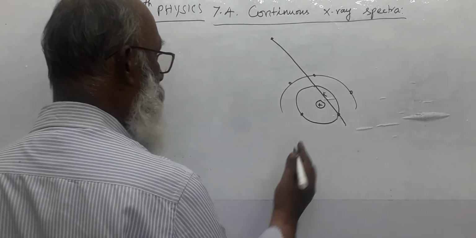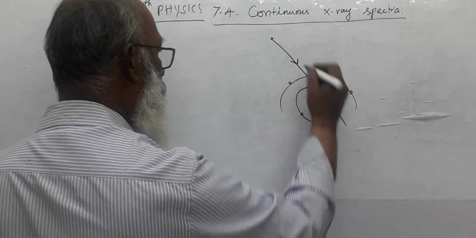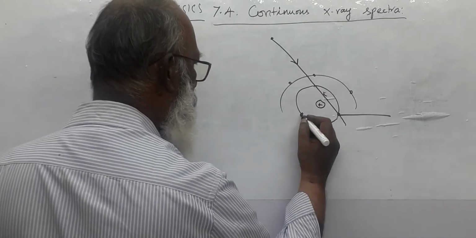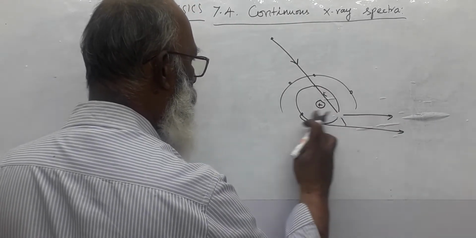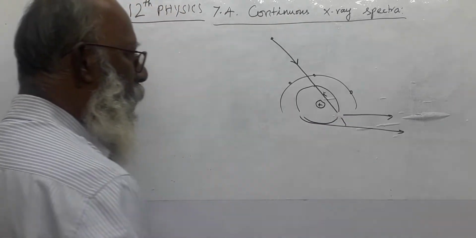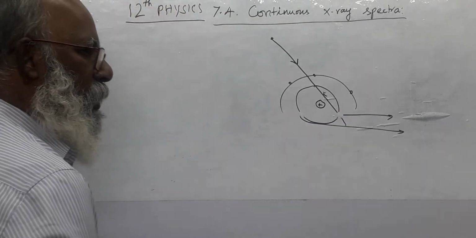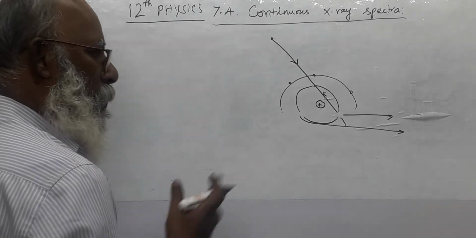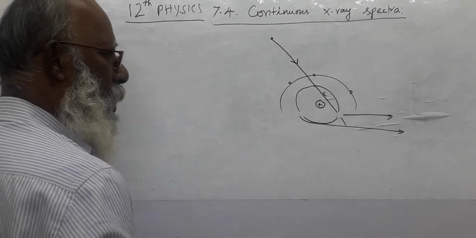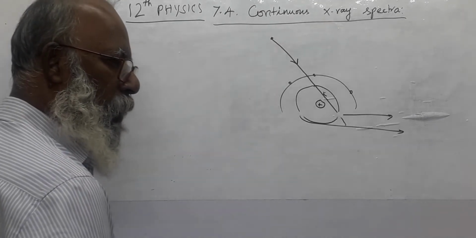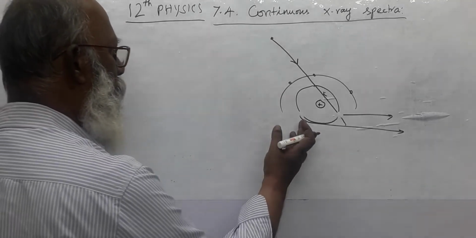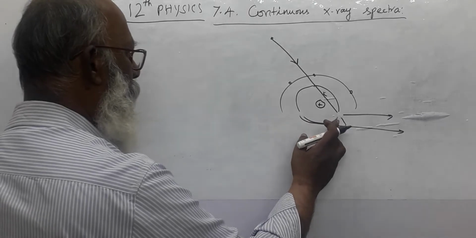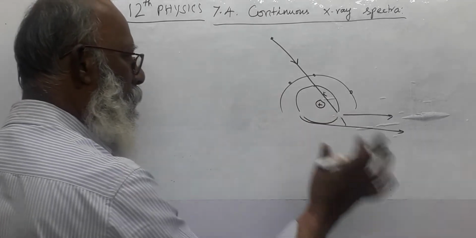Suppose these electron rays are capable of knocking this electron out to the outer side. What will happen? There may be a vacuum. There is no electron in the K shell. Is it possible to explain the stability of an atom without an electron? No, not possible. If there is no electron in the K shell, how can the atom be stable?